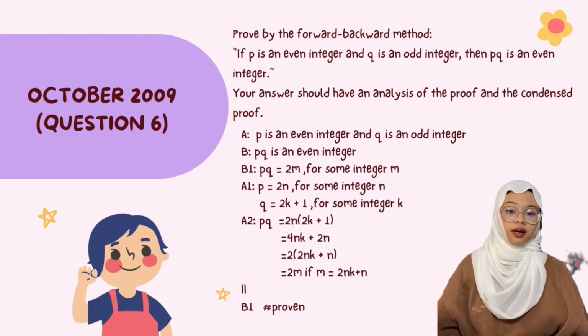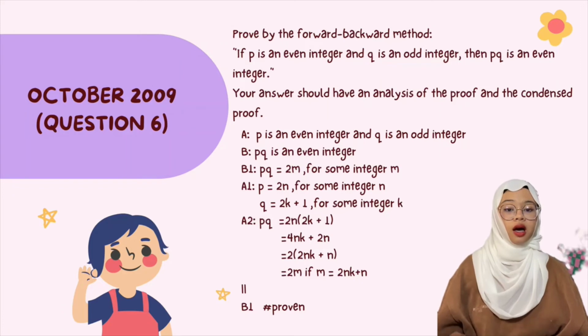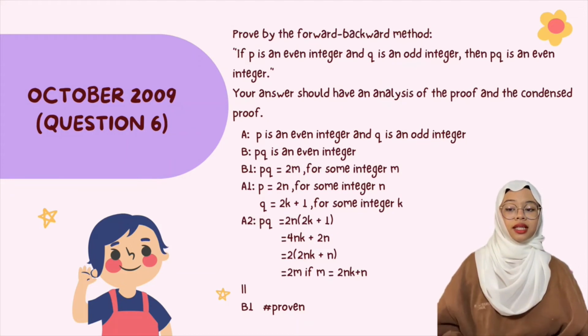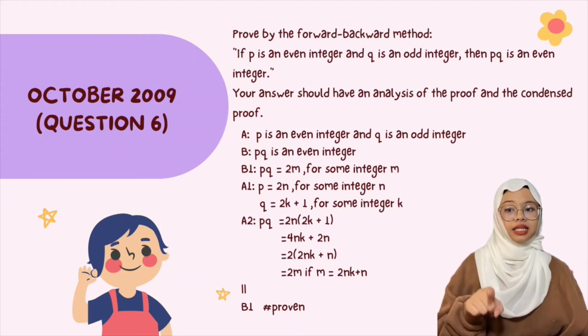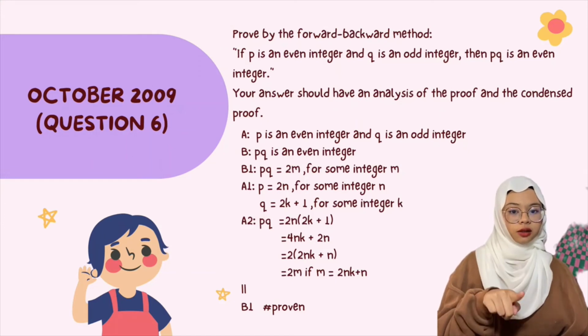Okay, like I said before, in the steps of proving this, we must have the hypothesis and the conclusion, which are statements A and B. The statement A is P is an even integer and Q is an odd integer.